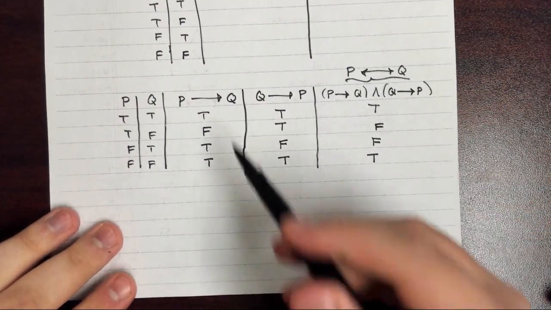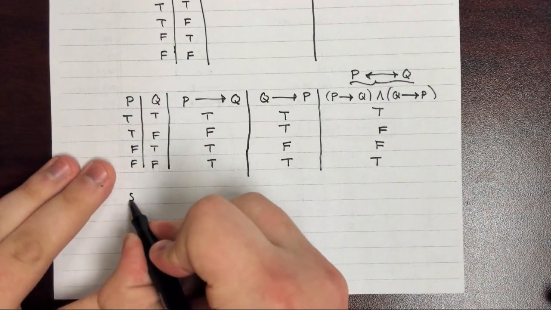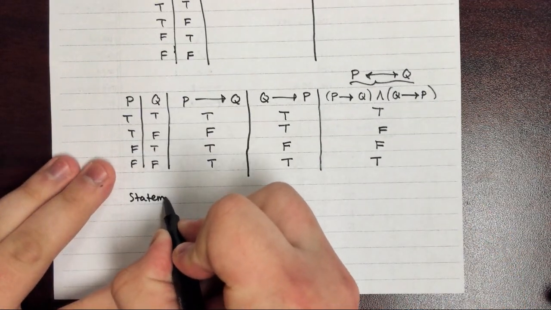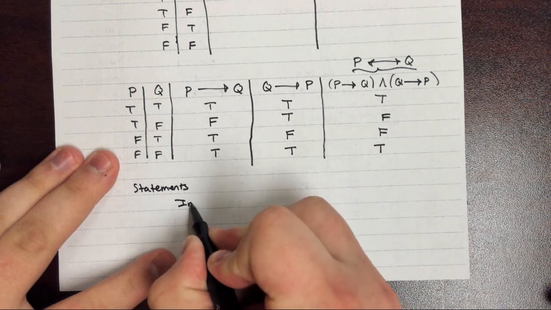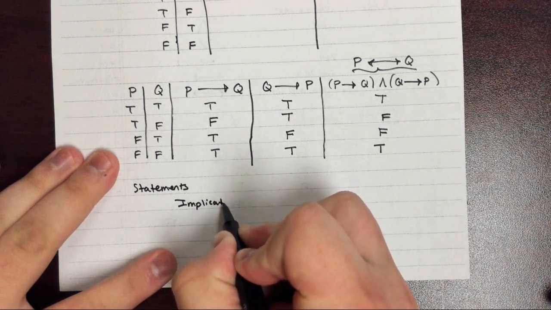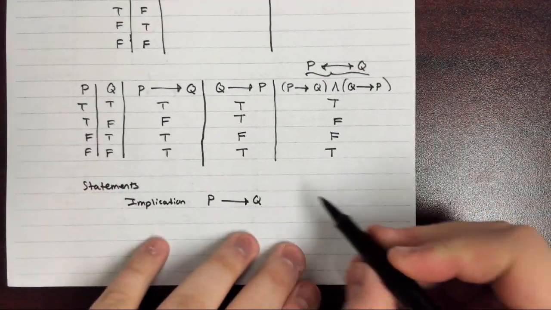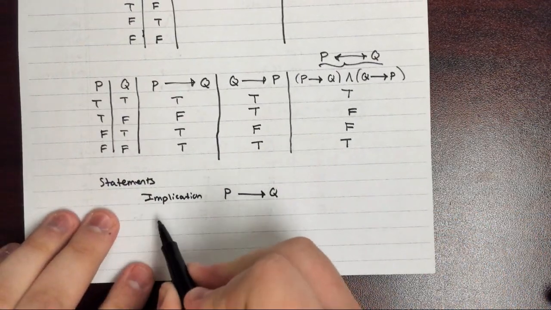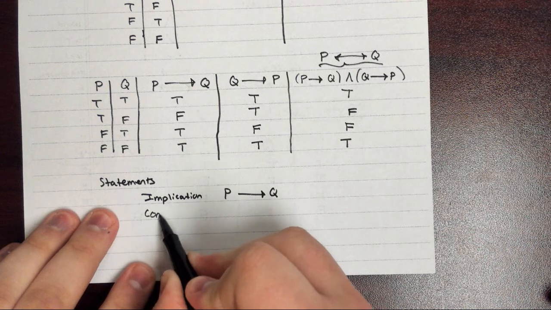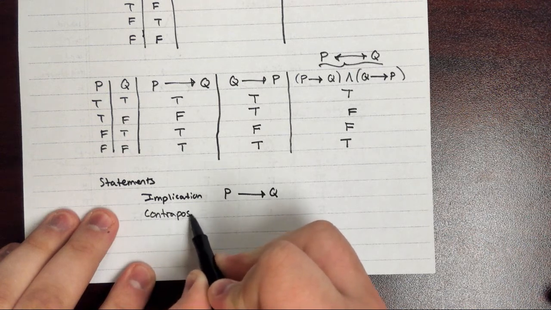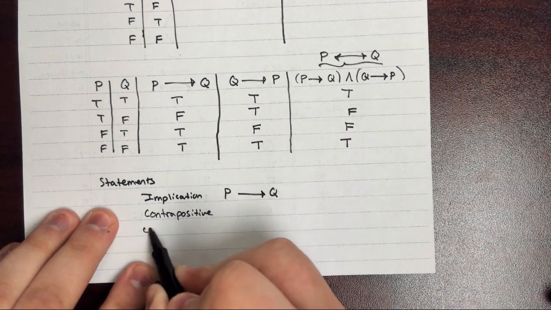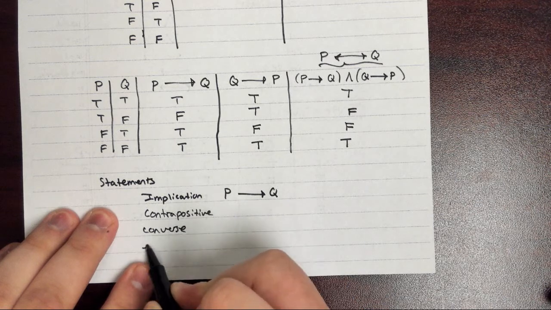In addition to implications, there are other ways we can make statements. An implication is just what we said: P implies Q. If P, then Q. There's also something called a contrapositive, a converse, and an inverse.